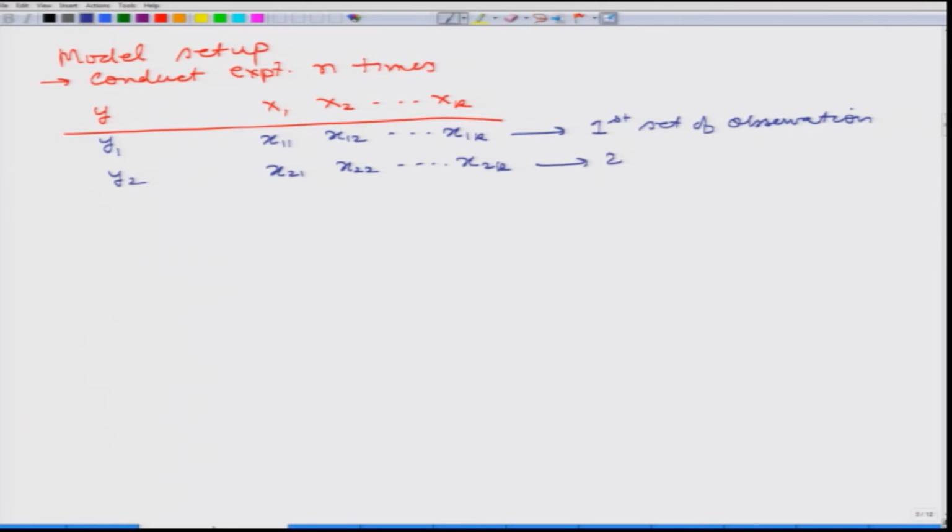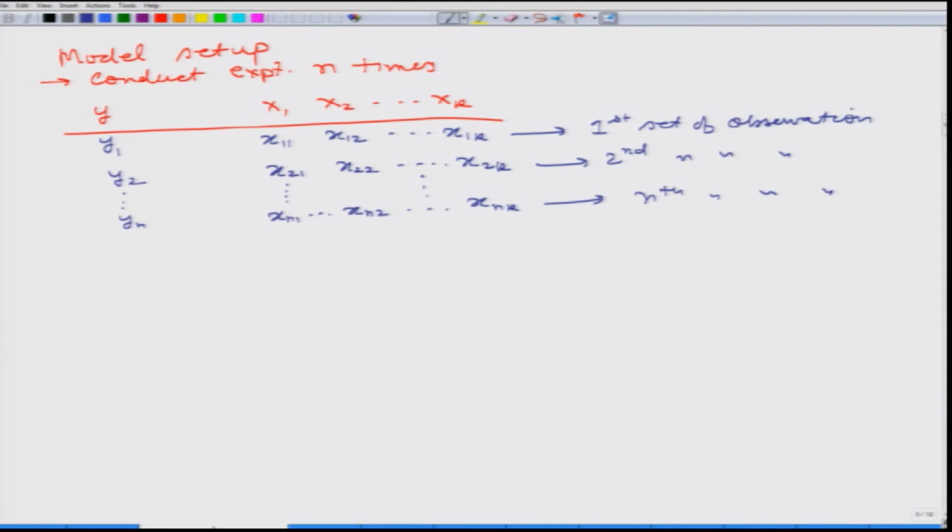So, this gives us the second set of observation, and we continue with this, and finally we obtain the nth set of observation by giving x1, x2, xk the values xn1, xn2, xnk, and we observe the value yn. So, this is the nth set of observation, right.